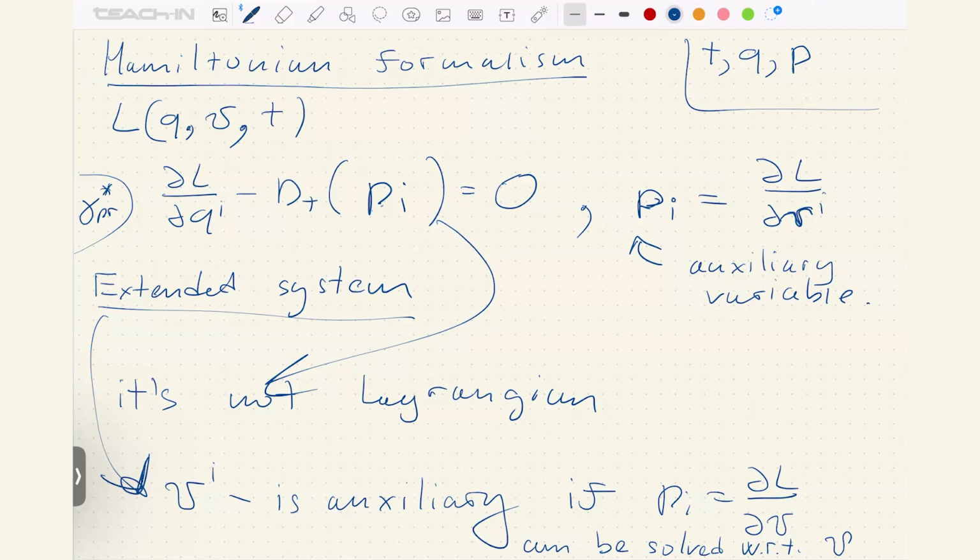Once we eliminate it, we are going to get what's called the Hamilton equation, which is a first order equation, which involves only q and p and not v. But this we are going to discuss carefully next time, and then we will be ready to get to constraint systems.